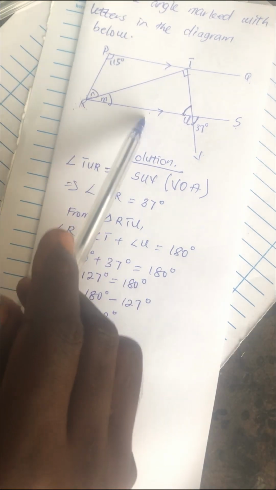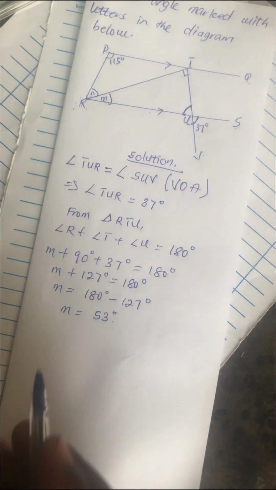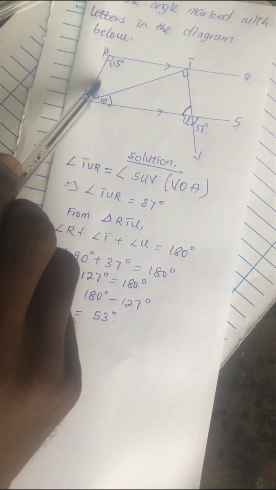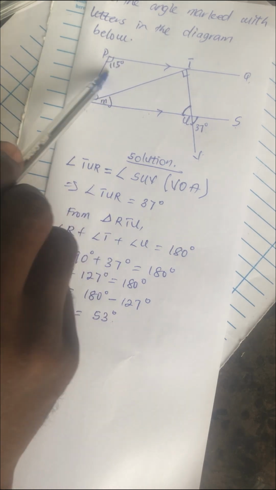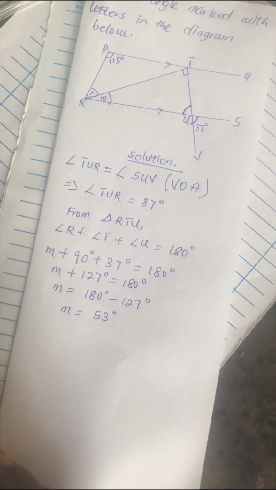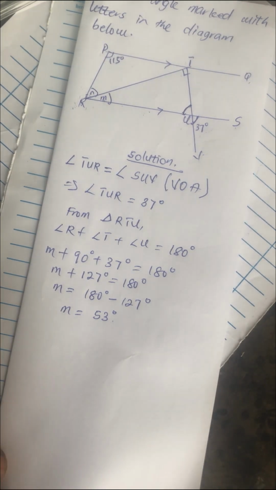Now, from these two parallel lines here, we can identify M from the angle here and the angle here. And what property are we using? We are using the co-interior angle property here.